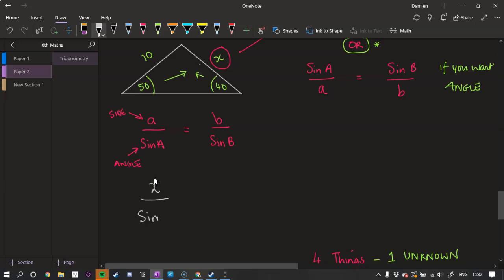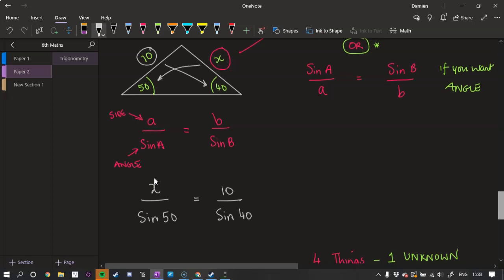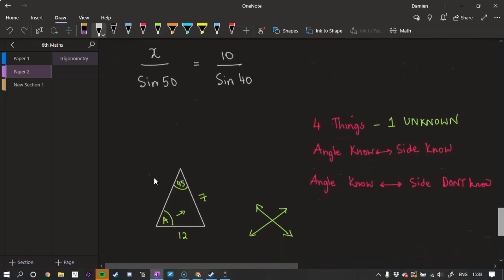So opposite the x is, of course, 50 degrees. So we get x over the sine of 50 equals side b, which is 10, and that's over the sine of the angle that's opposite that. So that would be this one, the sine of 40. And now what we've got is an equation that we can solve.